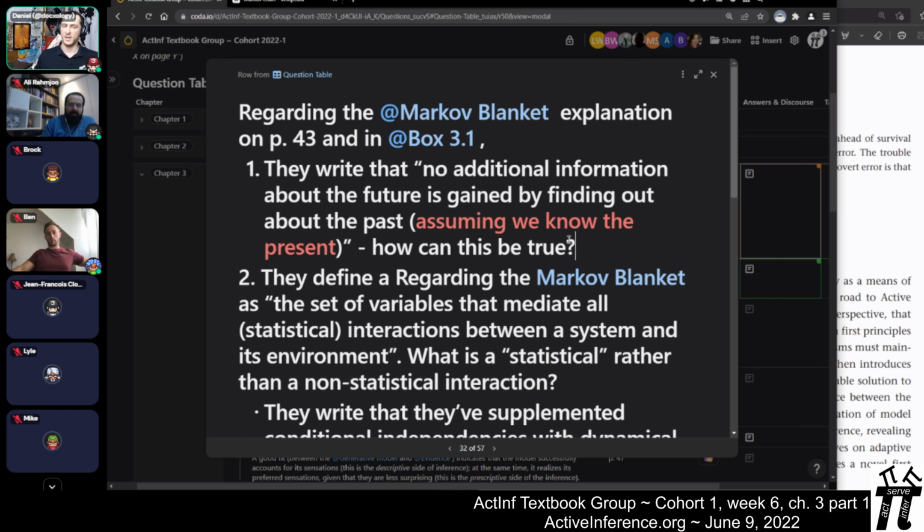Yes, and just like many concepts have a broader conversational, informal sense and a narrow, more technical sense, assuming we know the present means fully knowing the present, fully knowing the blanket. I could still learn things about the past. That's not to say that there isn't novel information you could discover about the past. You could still go back in that chess game and learn information.